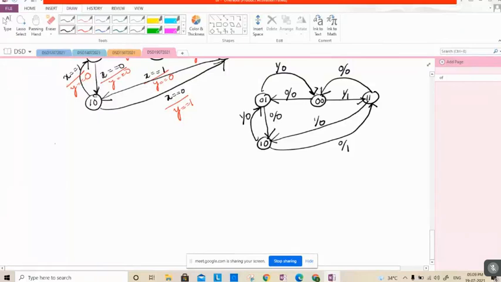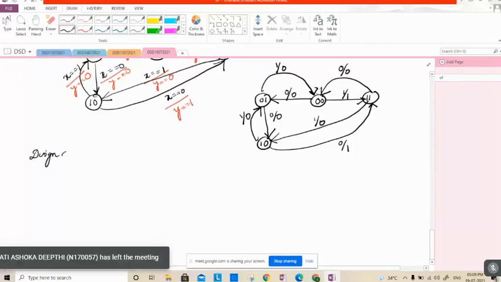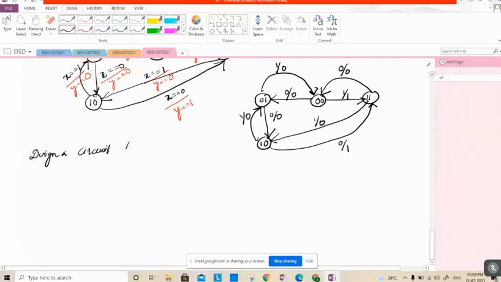Now what will be asked of you is to design a circuit for the state diagram. For this state diagram, you'll be asked to design a circuit. So don't get confused with this.